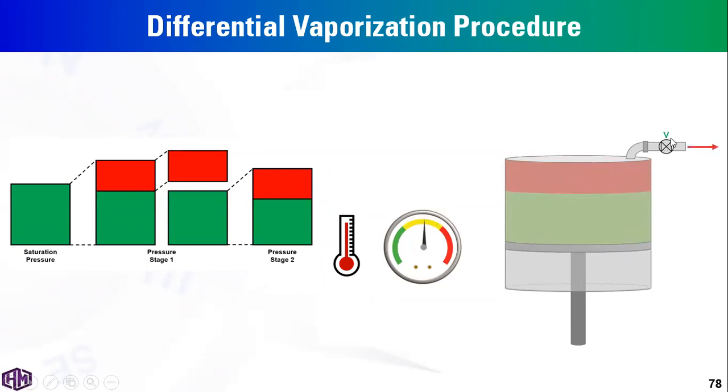So we will open this valve to vent all of this gas and close the valve, successively reduce the pressure as a second step, and vent all of the gas, and so on. This is simply the process of the differential vaporization experiment. So the gas will be removed from contact with the liquid.